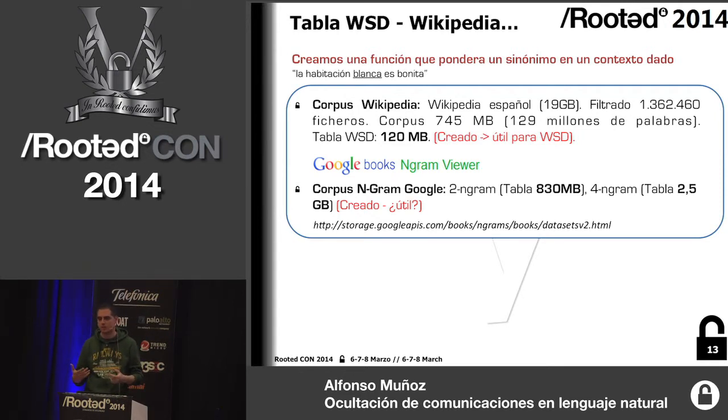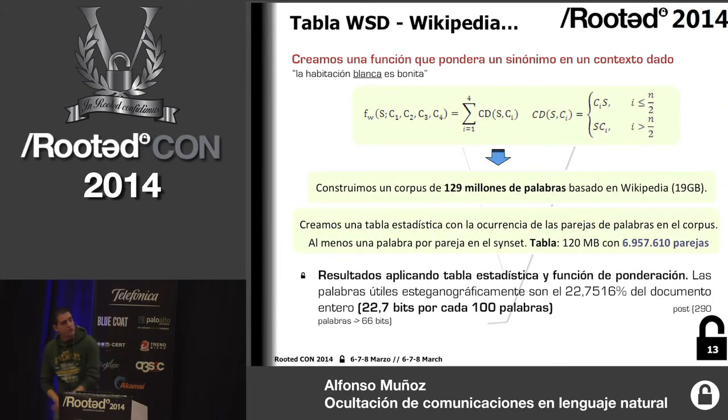So for that tool, I decided to use Wikipedia because at the end of the day, you really want that tool to be efficient. You don't really want to use a huge table because you cannot download it or put it in your RAM memory. Anyway, going back to where I was, I want that tool to tell me whether the word fits or not, and then it does an estimation.